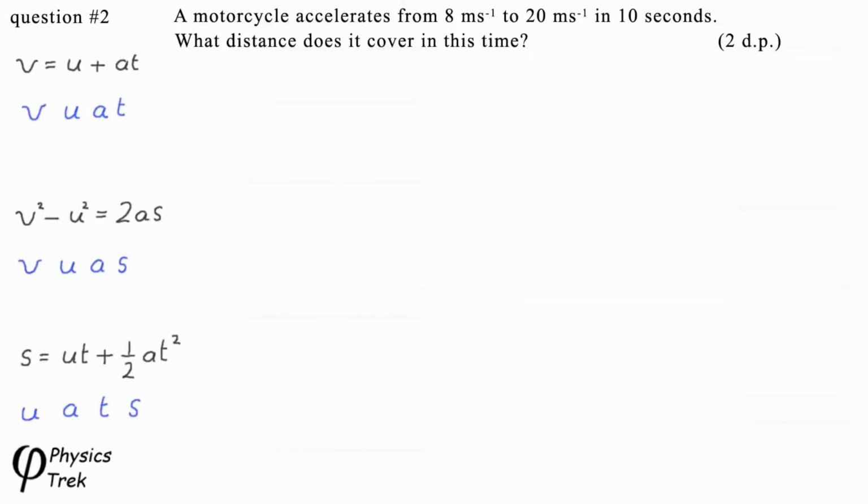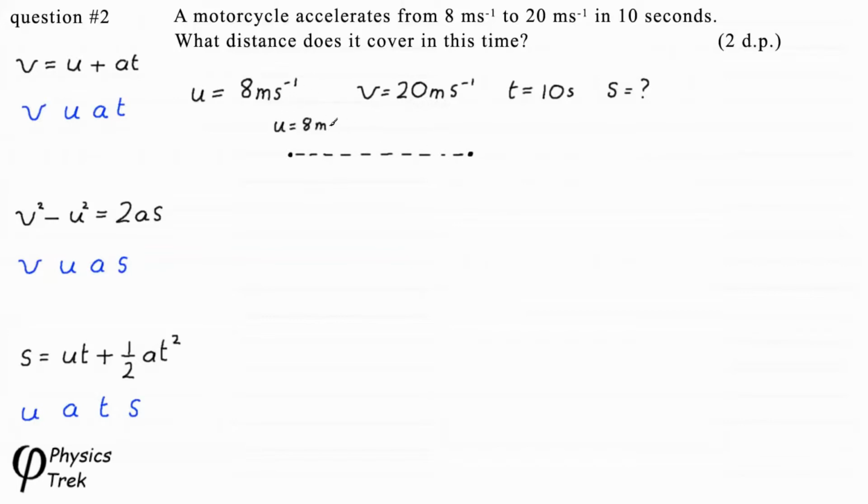So here are the equations of motion and their quantities in blue down the side for quick reference, and writing out the information given in the question in symbol form, we have U equals 8 meters per second, V is equal to 20 meters per second, T is equal to 10 seconds, and we need to find S. And now our diagram, we start with U equal to 8 meters per second, and our final velocity V is 20 meters per second.